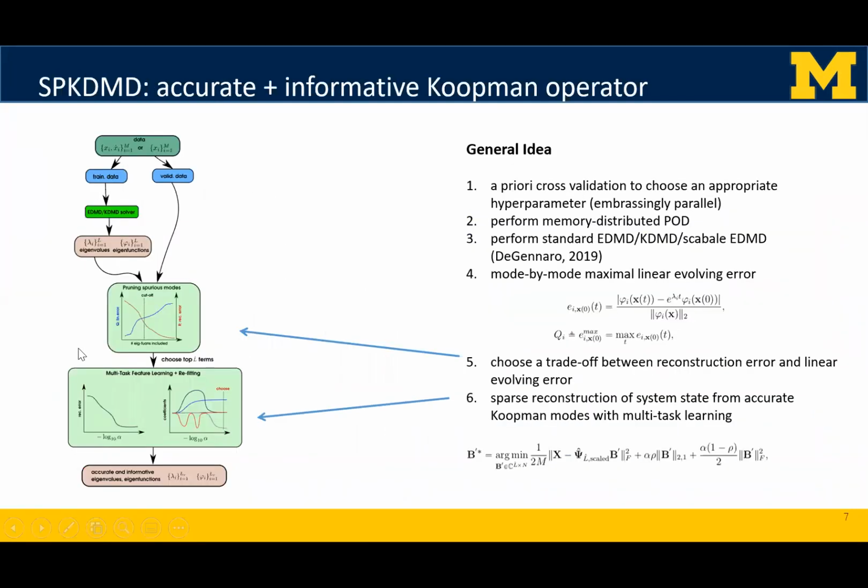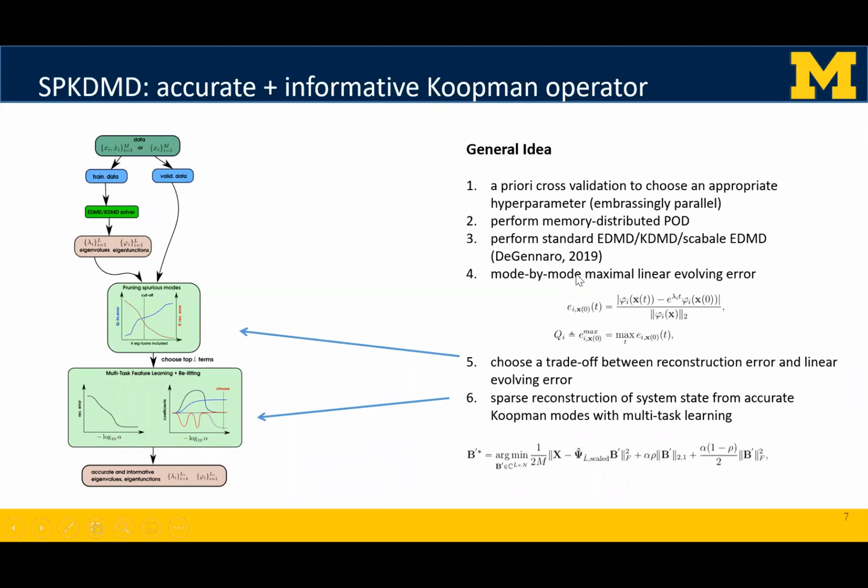In this talk, I propose a framework called SPKDMD that is able to find an informative and accurate Koopman invariant subspace. The general idea is to first consider an a priori analysis on finding the optimal parameter, then apply distributed POD to obtain a lower-dimensional subspace, and then we apply the standard EDMD and KDMD or scalable EDMD.